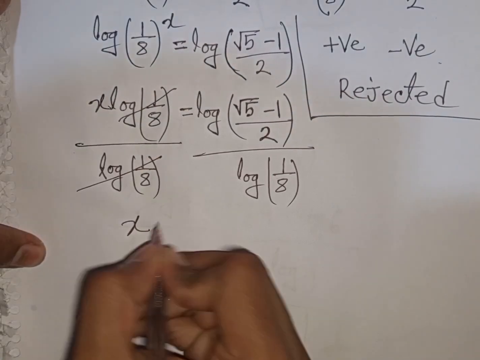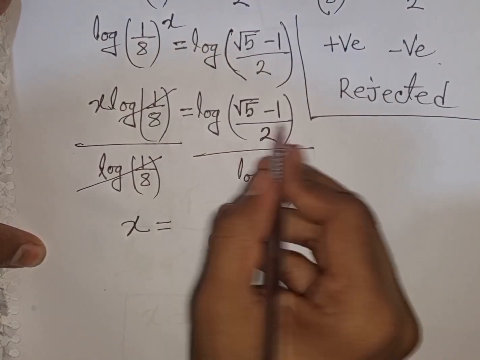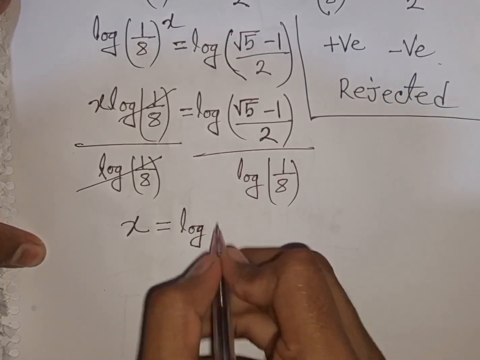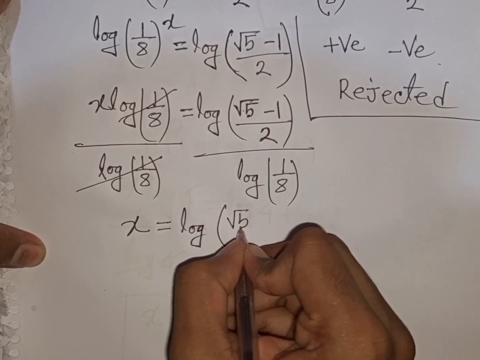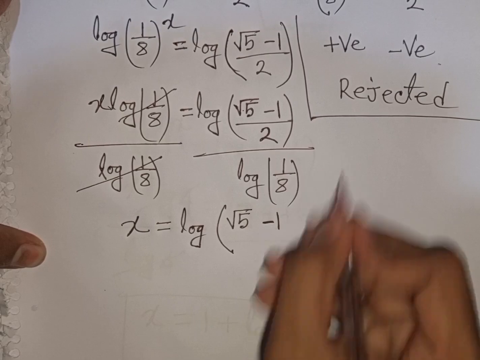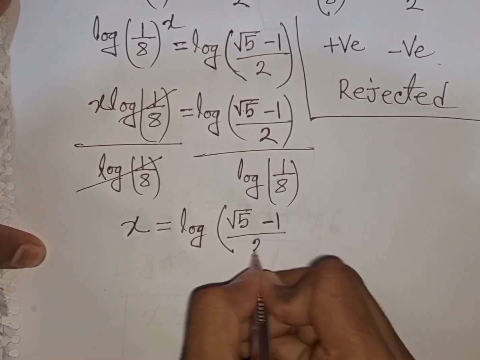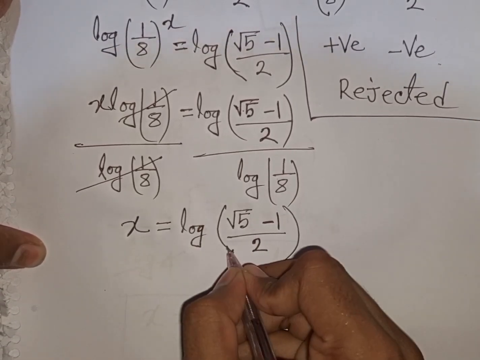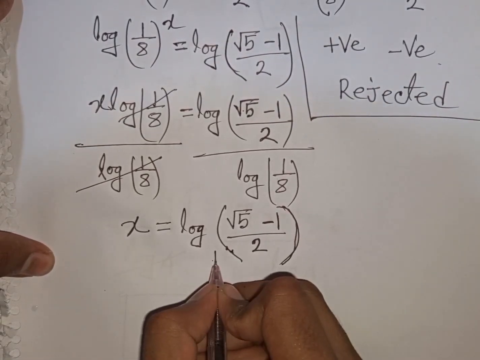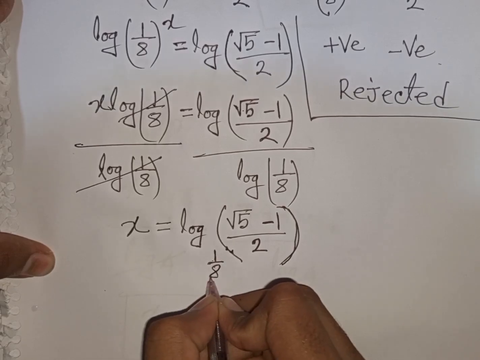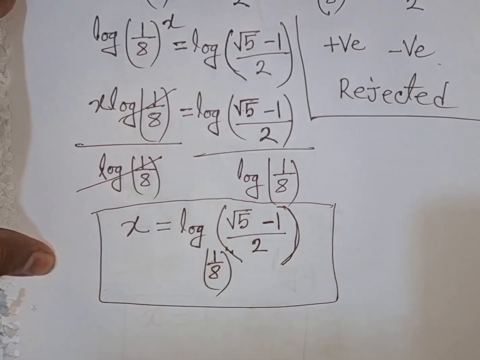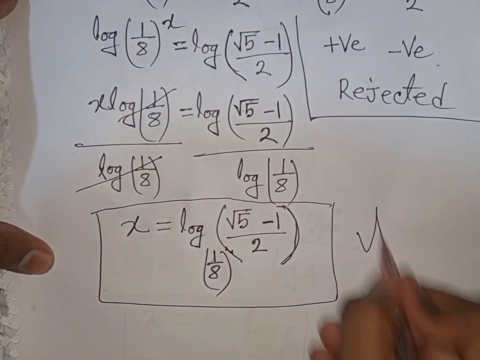So, here x will be equal to this divided by this, that means it will be log of a square root of 5 minus 1 over 2, with base 1 by 8. So, this is the value of x. So, this is our final answer.